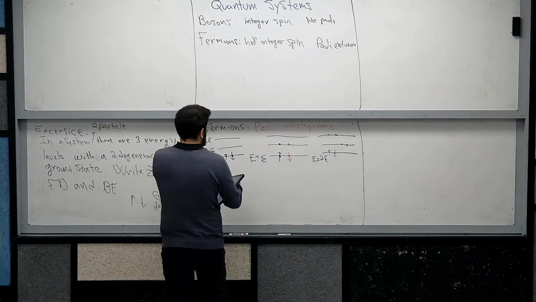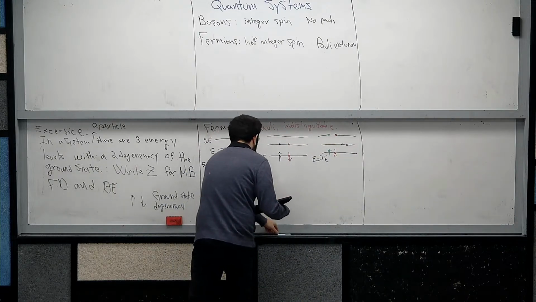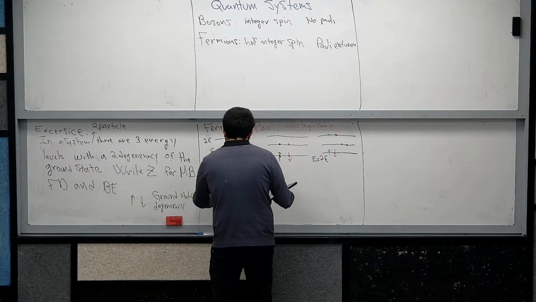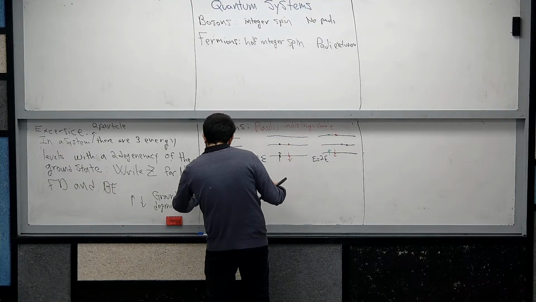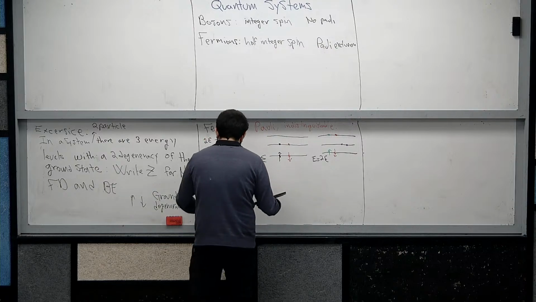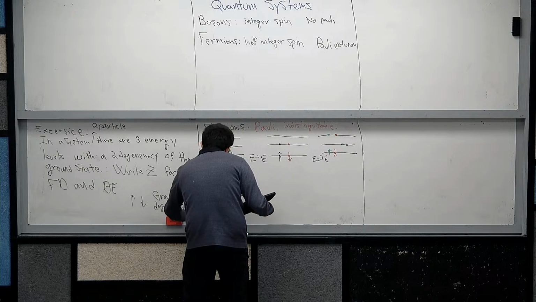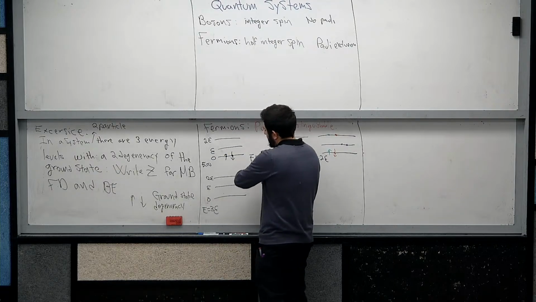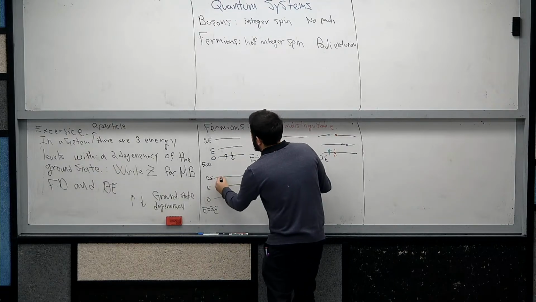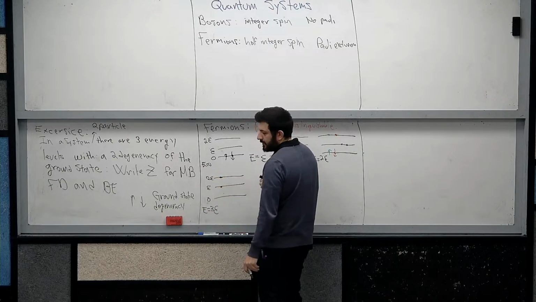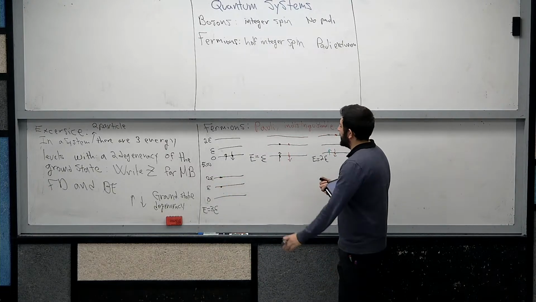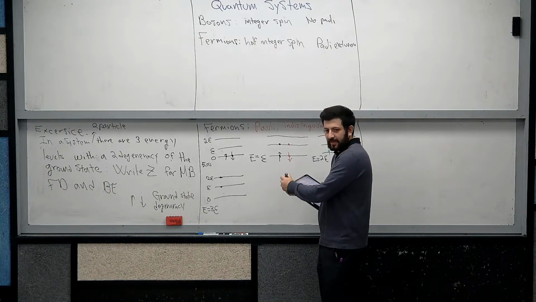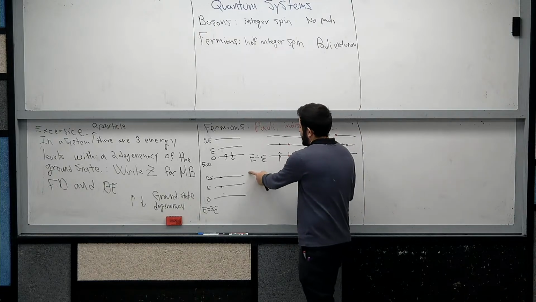And then we can have another possibility, which is energy of 3 epsilon. So it could be one particle here and the other one here, right? That's the combination. Is there any other state in this energy?